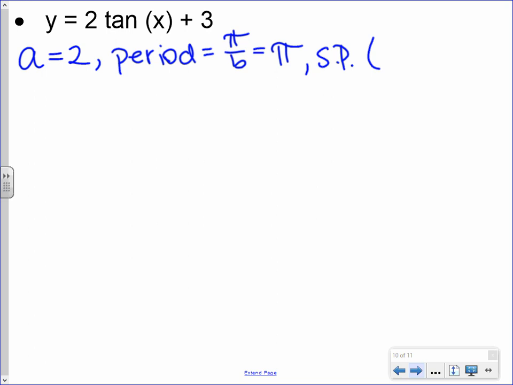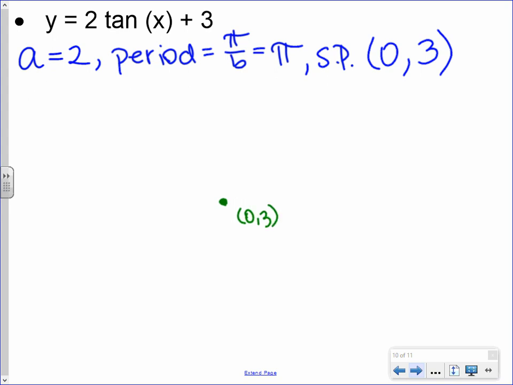There is no c, so our x is 0, and then d is 3. So our starting point is 0, 3, and it's the middle of our frame.